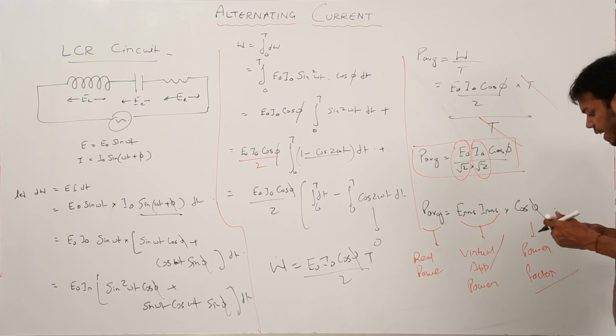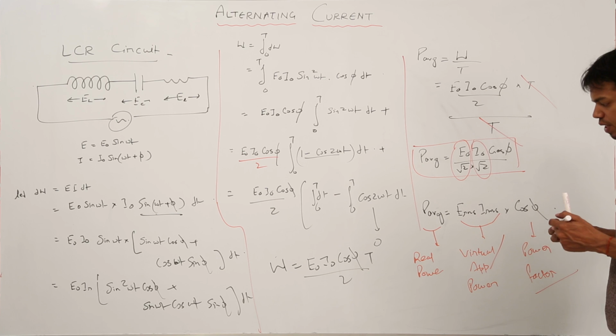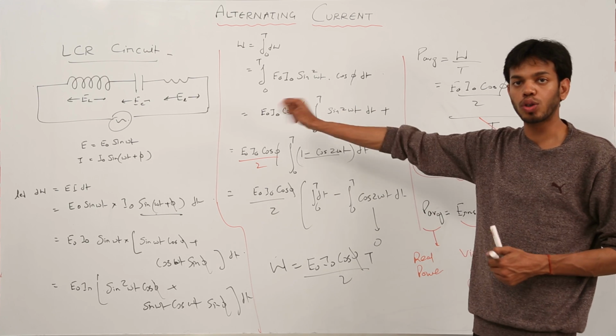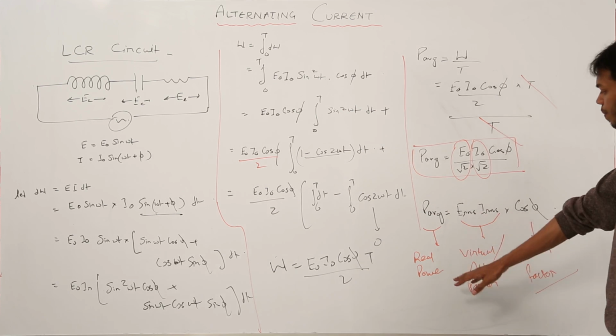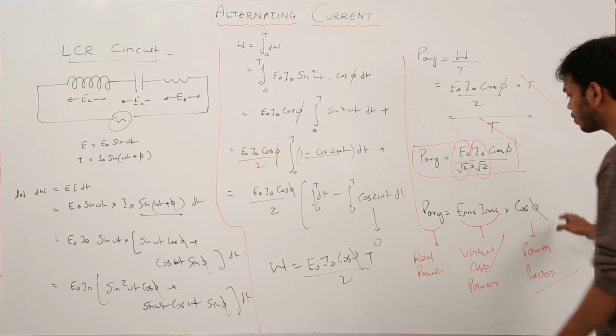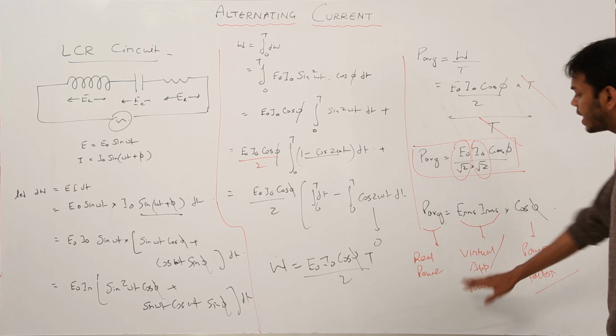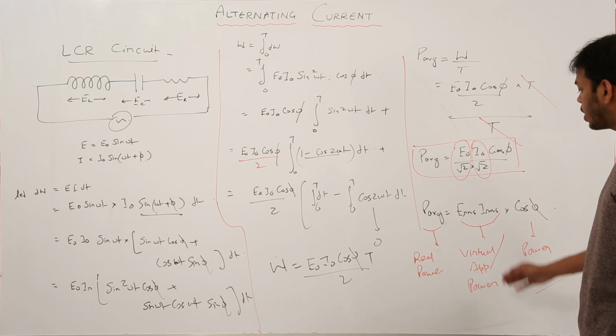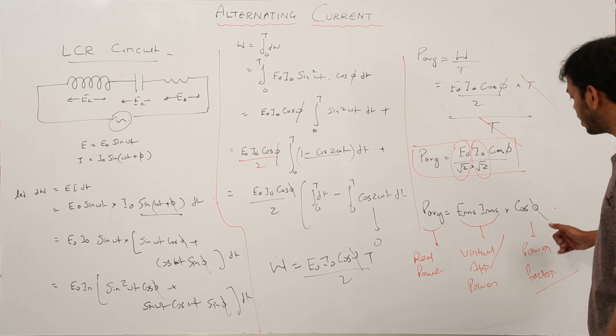And what is power factor? We will solve it in the impedance triangle, which we will do while solving the LCR circuit. So the average power associated with the LCR circuit leads us to this equation, which shows that real power is the multiplication of virtual or apparent power and the power factor.